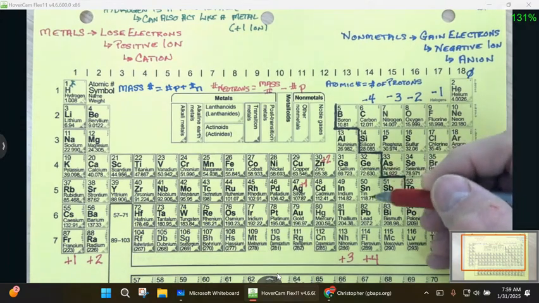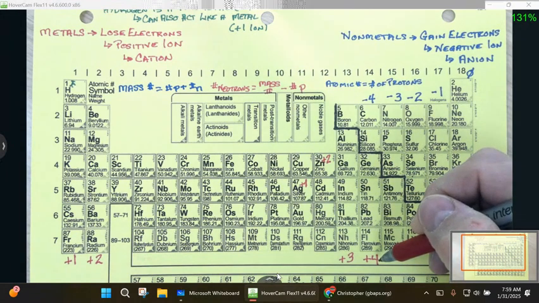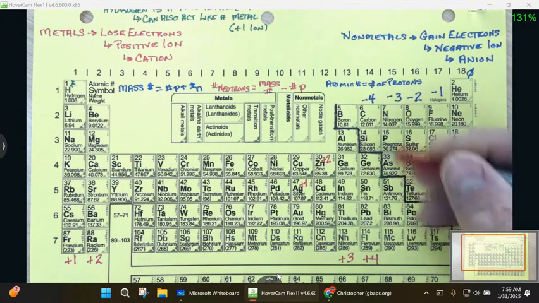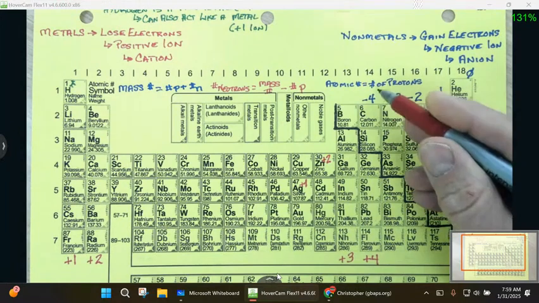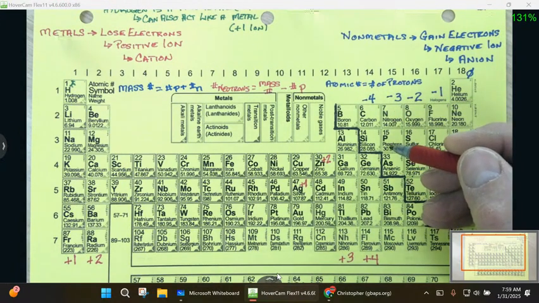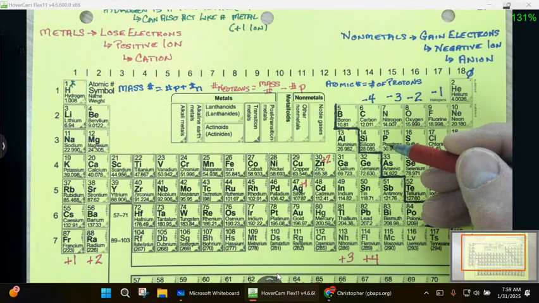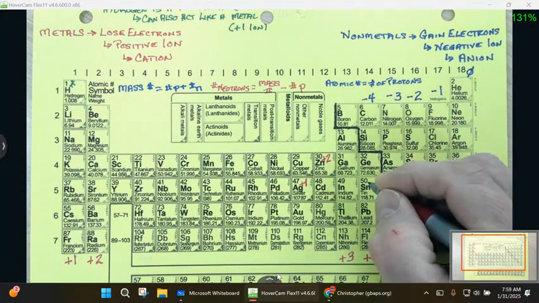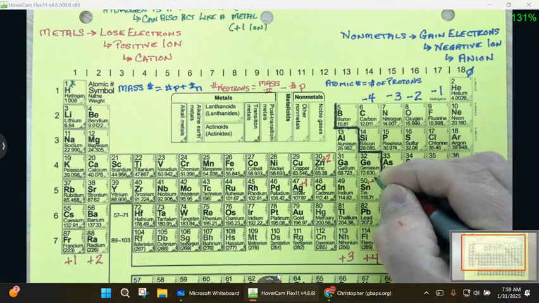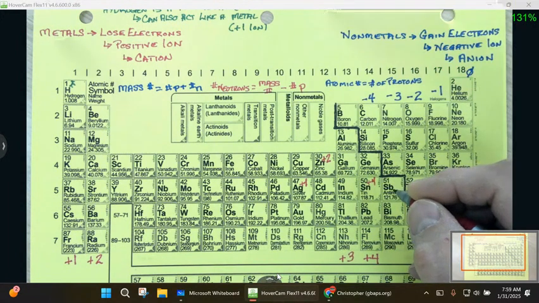These are below the bold zigzag line, right? So they go down to the bottom to be a +4. These two that are above the bold zigzag line go up to the top to be a -4. Okay? But tin is an exception. Tin can be a +4, ladies and gentlemen, absolutely no doubt.